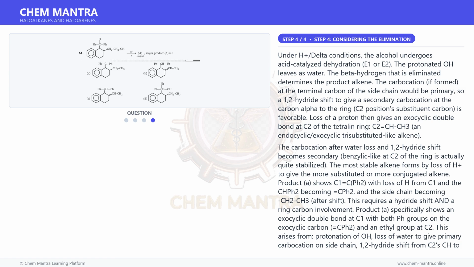The most stable carbocation would be at C1 after a 1,2 Ph shift, tertiary, stabilized by Ph.